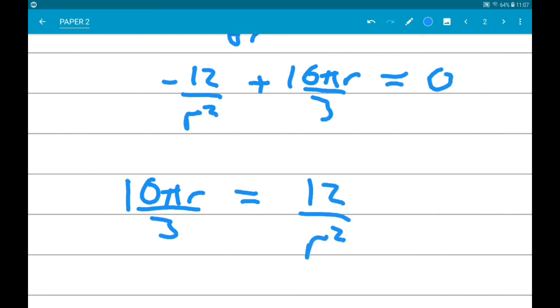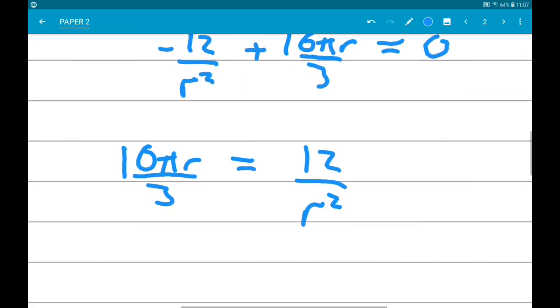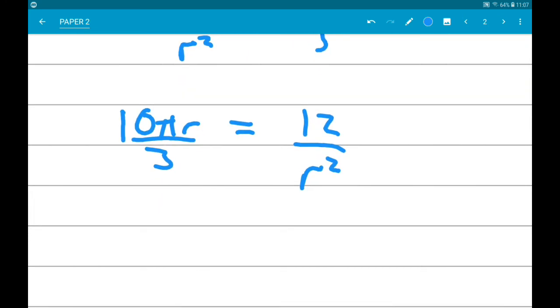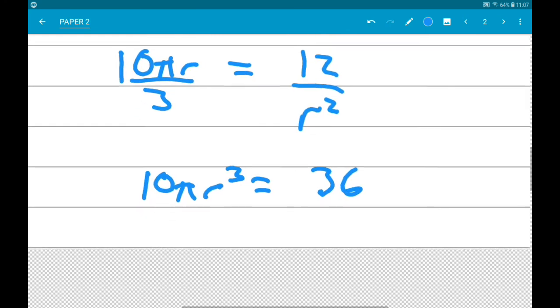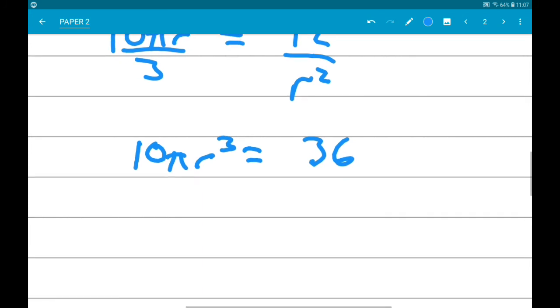Now I'm going to multiply through by r squared and 3. So 10 pi r cubed is equal to 36. So r cubed is 36 over 10 pi.